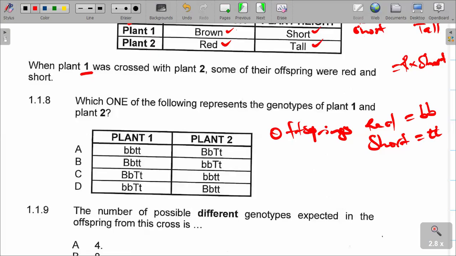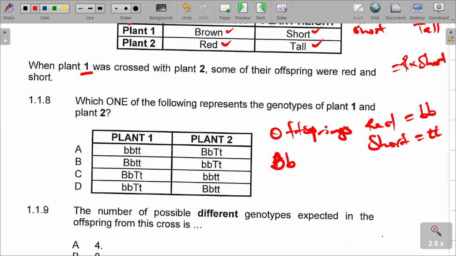So its genotype must be heterozygous Bb, brown dominant with a recessive b, because it has to have a dominant brown. So red is recessive, as we have seen there.